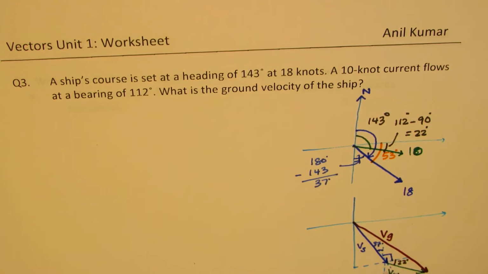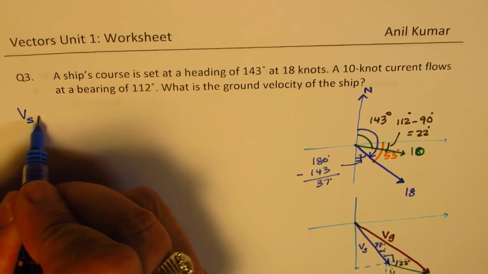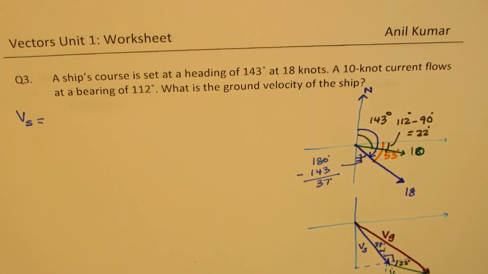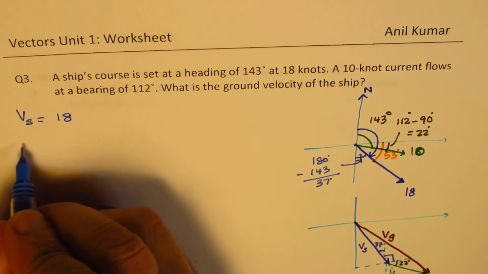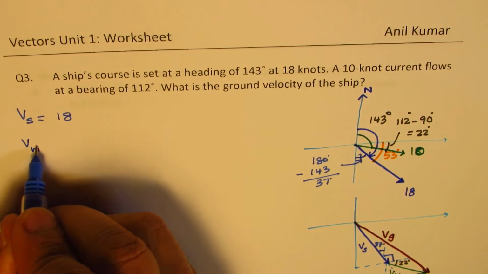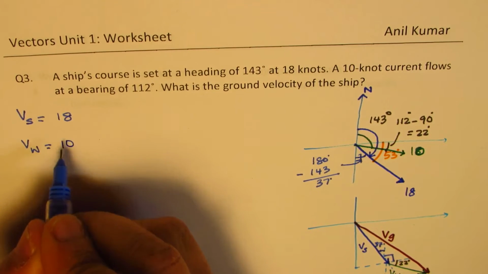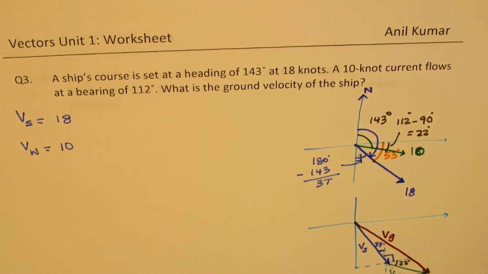So the angle in between these is, so we have, let's write on. So the velocity of the ship is given to us as 18. Velocity of the wind is given to us as 10. I'm not writing the units.